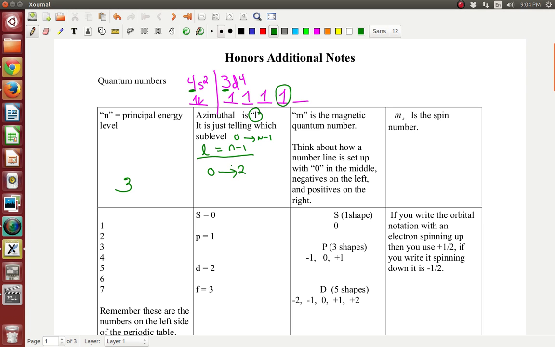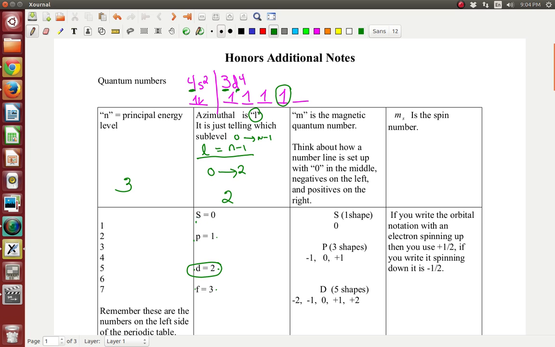I just put them in order, S, P, D, F. Start with 0 for S, P is a 1, D is a 2, and 3 for F. So S, P, D, F, 0, 1, 2, 3. So this is in a D sublevel, and D is a 2. So the second quantum number is a 2.